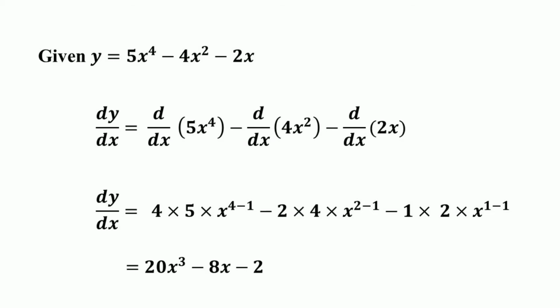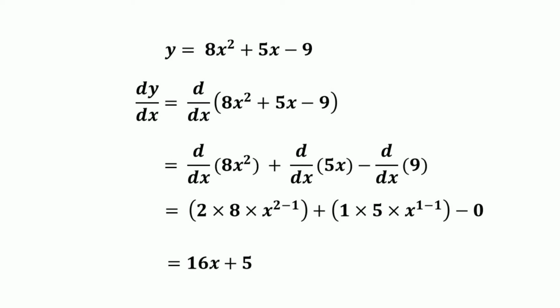Now we have another example with a mixture of sum and difference, that is y is equal to 8x square plus 5x minus 9. So the derivative of this given function d/dx is equal to d/dx of 8x square plus 5x minus 9, which is equal to the derivative of 8x square plus the derivative of 5x minus the derivative of 9.